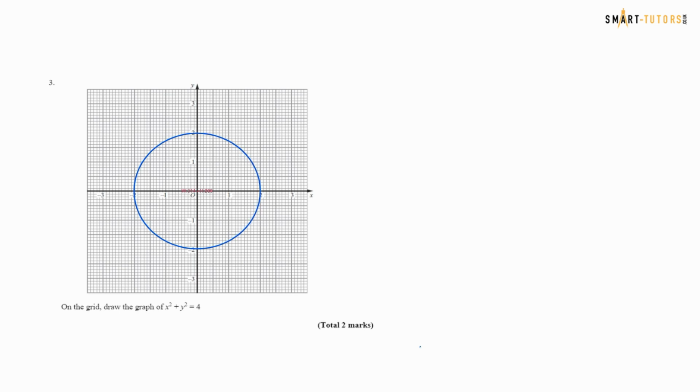So I'm just trying to draw the graph. That's it. If you see this, you can see the center is 0, 0 and the radius is 2. So it's touching minus 2 and plus 2 on both axes and the center is 0. So that is the answer for question number 3.